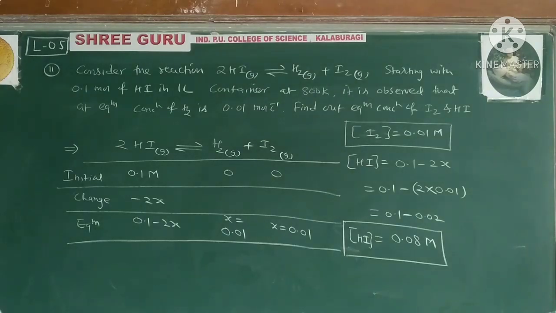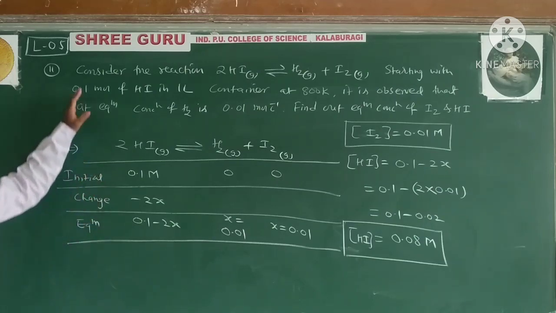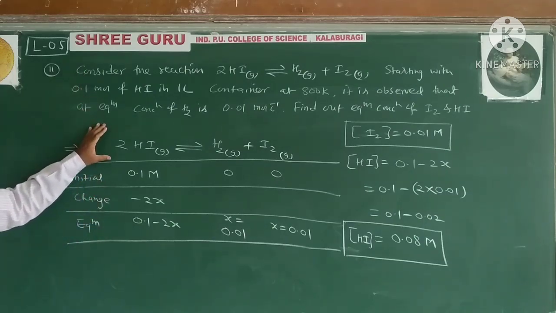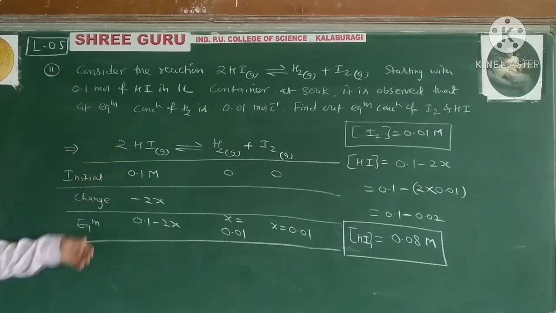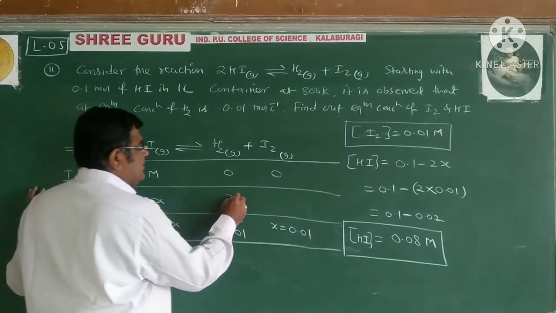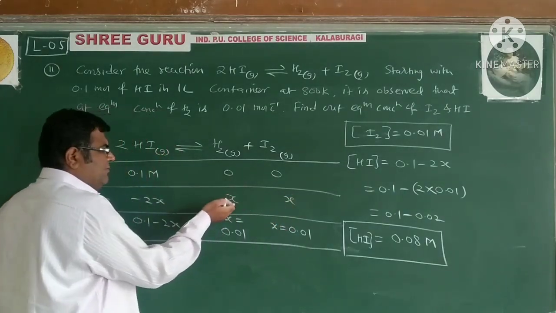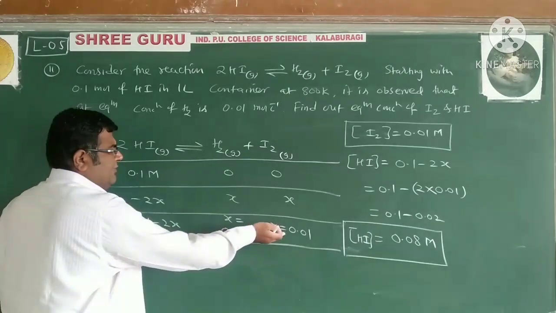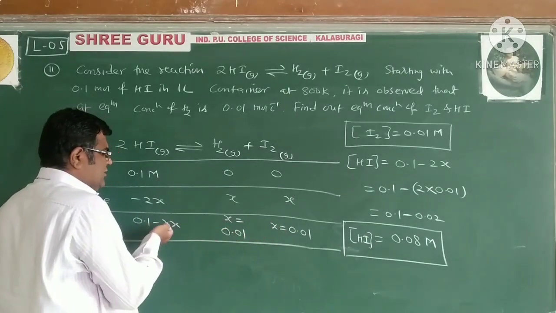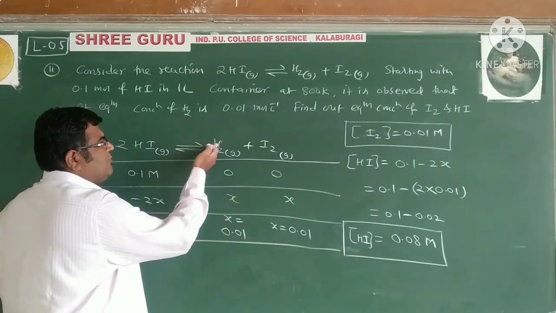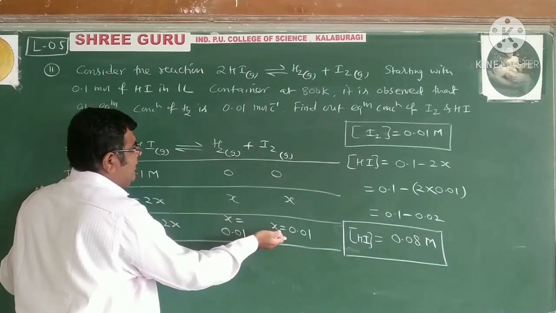Now the next one, question number 12. You have to write this question, solve this, and again try to solve. What are the entries here? This is x and this is x. So the same will remain at the equilibrium, and its value was given, and this value we have calculated. This is 1 mole, this is 1 mole, so the same value is for iodine.